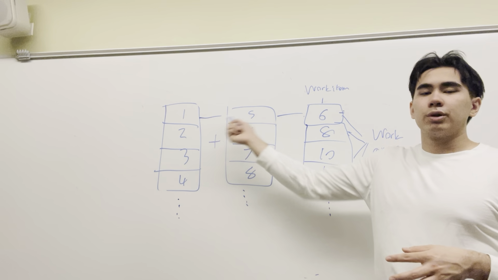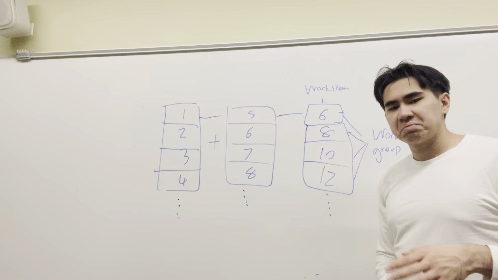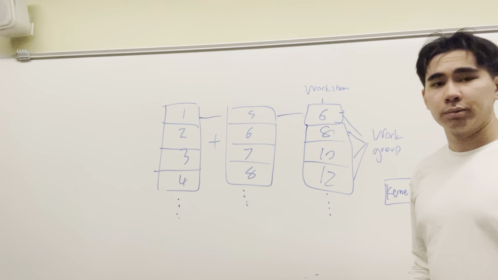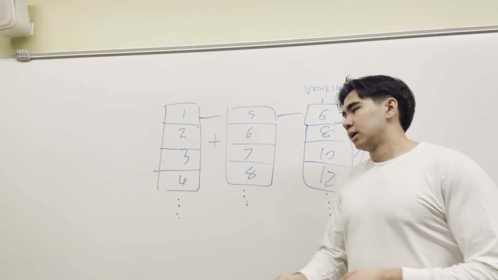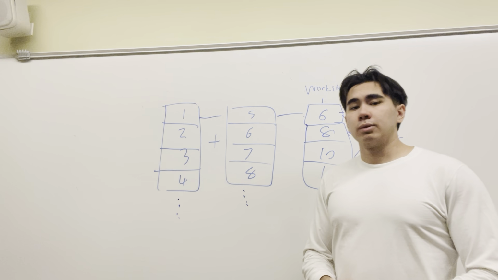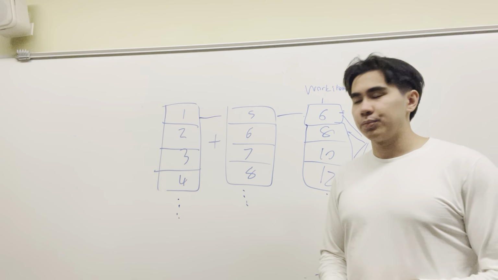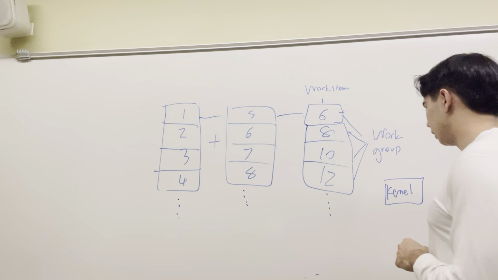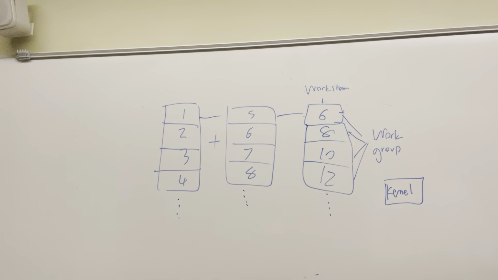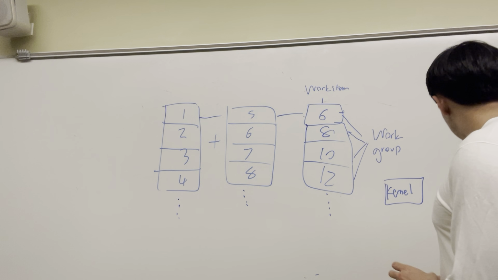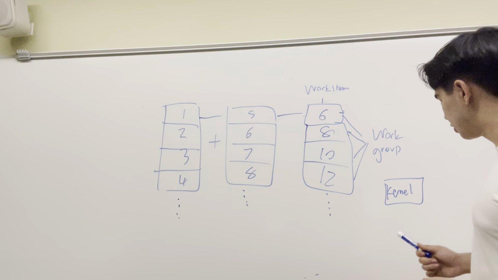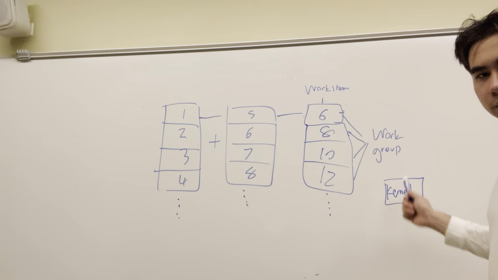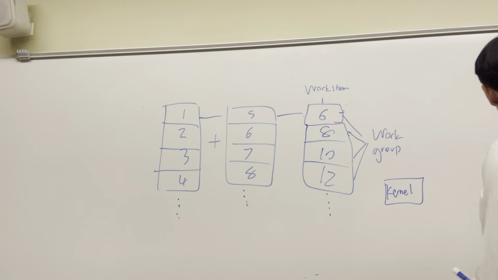In this case, we're doing addition, so 1 plus 5 is 6. Easy enough. Could be multiplication, so the kernel is going to be different. We have to multiply them. It could be matrix multiplication, which is completely different, right? Could be doing dot products, could be doing all sorts of crazy stuff. And so, just to overview, the kernel determines how the work items get executed.